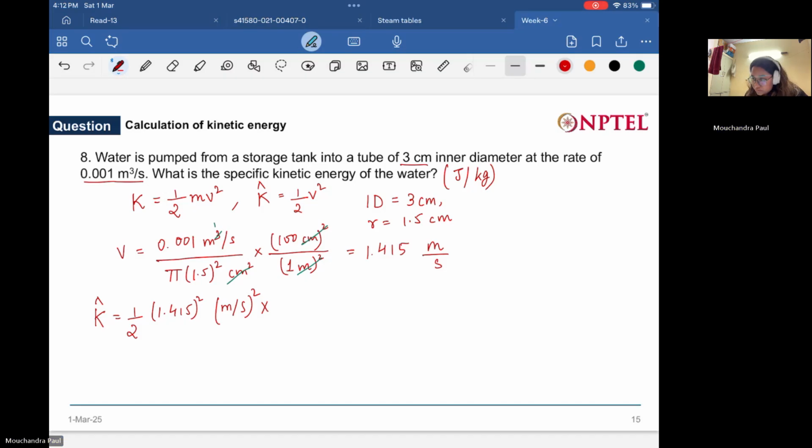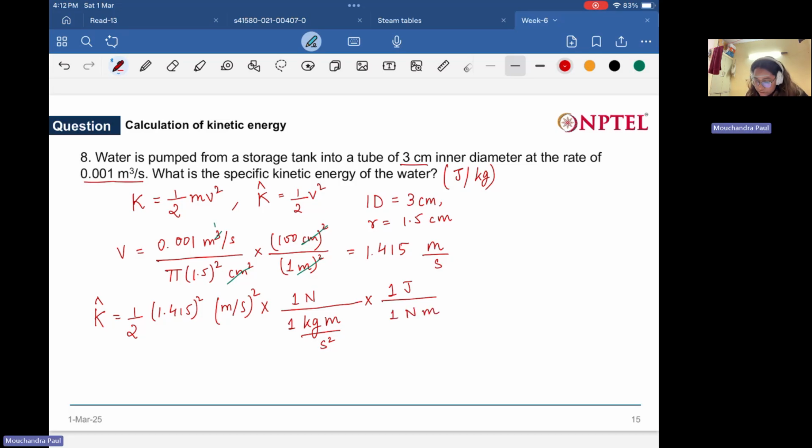We know 1 Newton is equivalent to 1 kg meter per second square, and 1 joule is equivalent to 1 Newton meter.